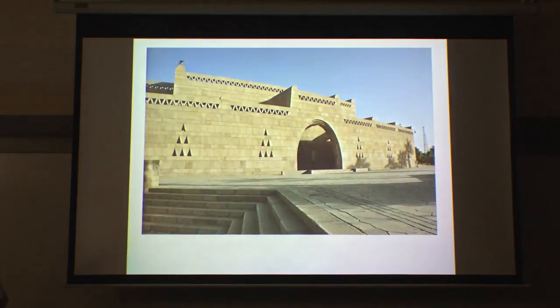What do you call the shape of this arch? Catenary Arch, that's right, that's one word for it, or a parabolic arch. Know any examples of it on the campus?